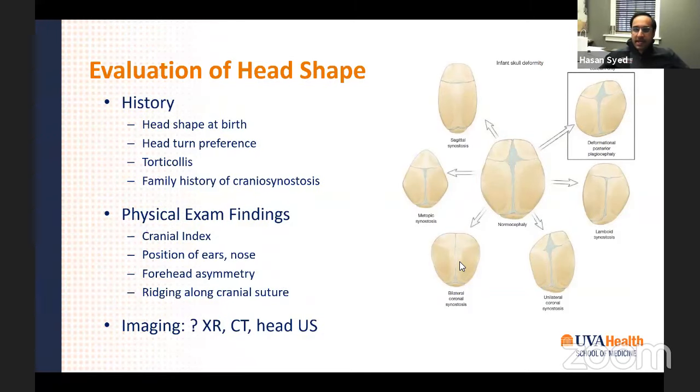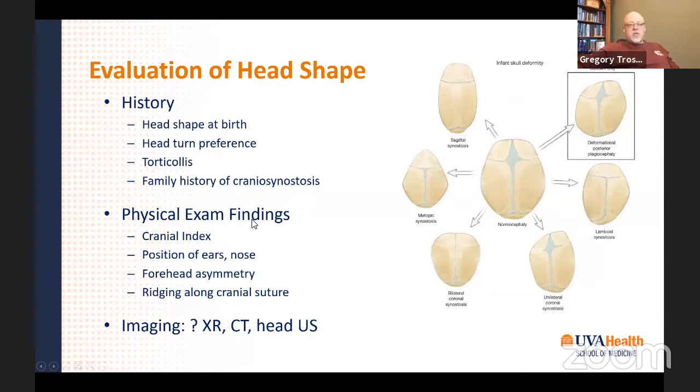Bicoronal synostosis, the kids end up having pterocephaly, which is a tower-like head. Unicoronal synostosis can lead to contralateral frontal bossing, as well as retraction of the orbit on the affected side. Lambdoid synostosis usually leads to the ear flattening on one side, and then the ear being pulled downwards. And then here you can see the positional plagiocephaly, which is just related to the head turn preference and laying down.